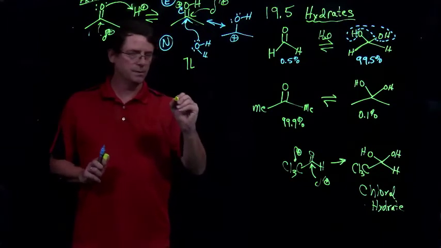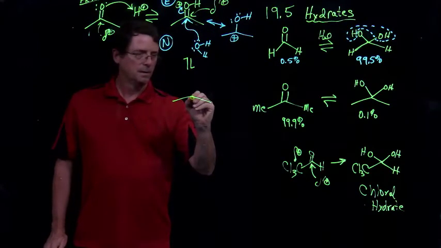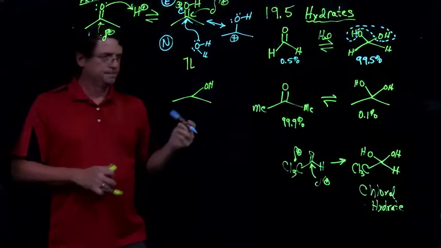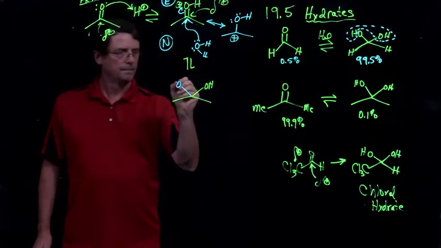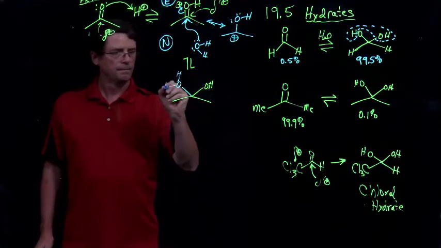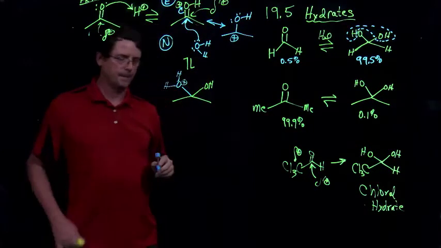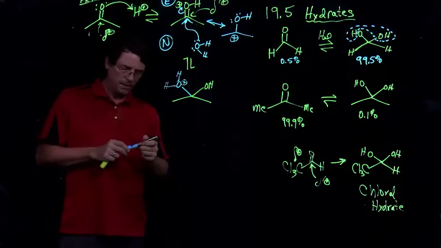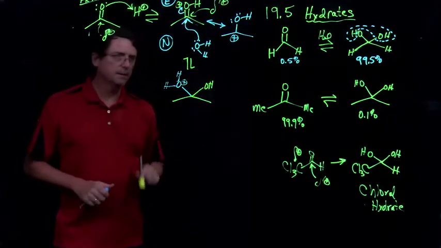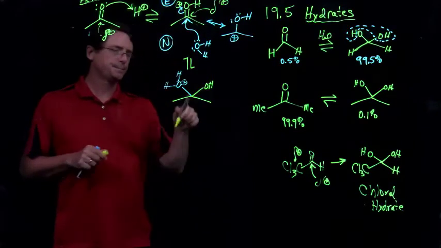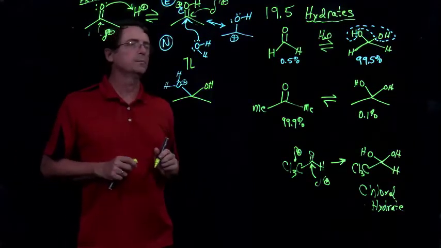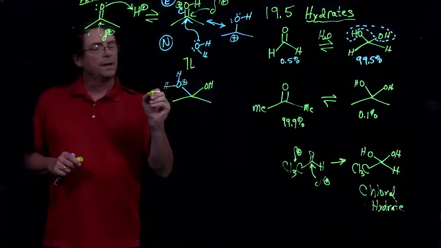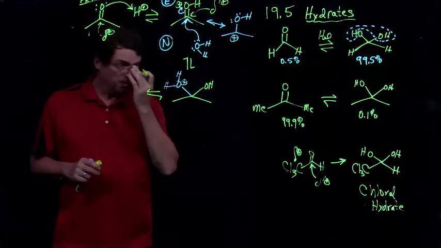Notice the arrows. Okay. Now, we have created a new oxonium ion in this case. There's the water in blue. To get to the hydrate, again, in a reversible process.